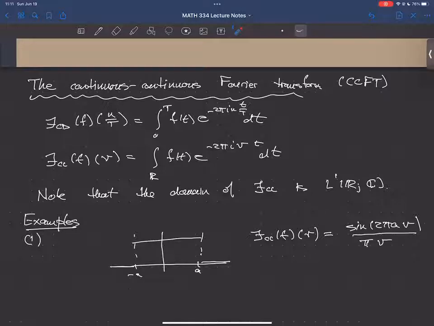And what's interesting here is that if you recall, we did this in the periodic case. In the periodic version. So what did we have then? We had, so we're talking about periodic things. So here we go from minus t over 2 to t over 2.